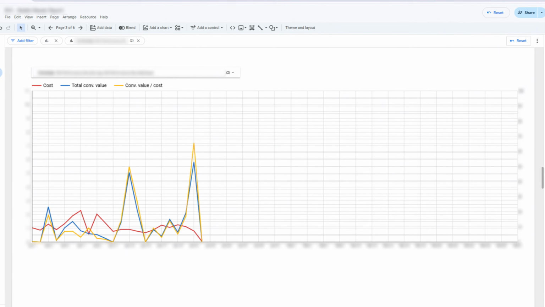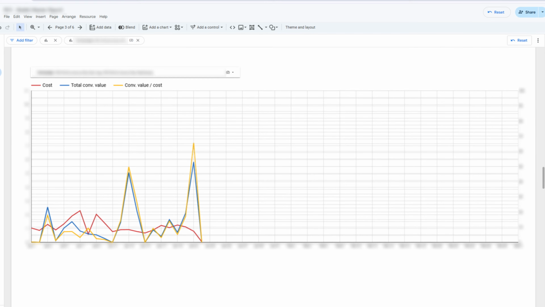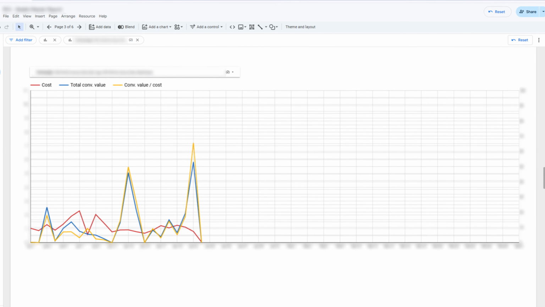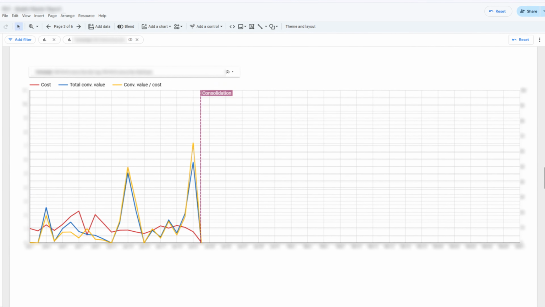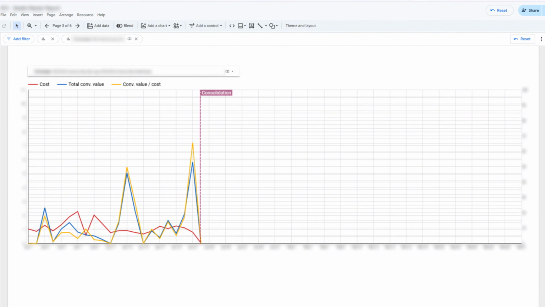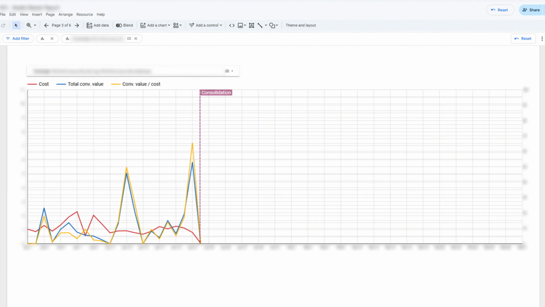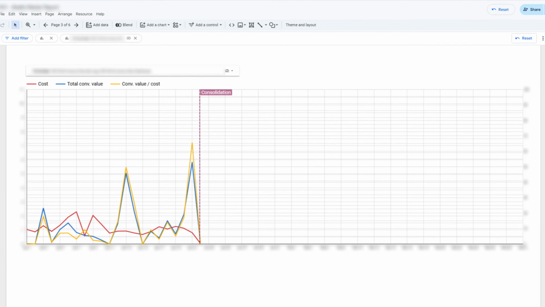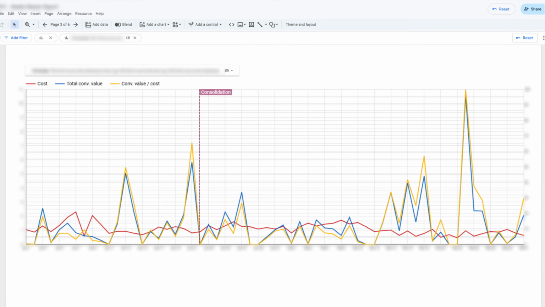Here in this Looker Studio report, we combined and visualized the performance of all 3 campaigns together. You can see this vertical line marks the point of consolidation. To the left of this line, we have 2 original campaigns, and to the right, we have the new consolidated campaign.